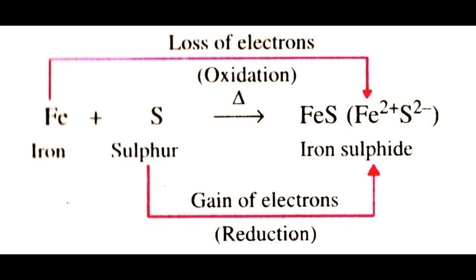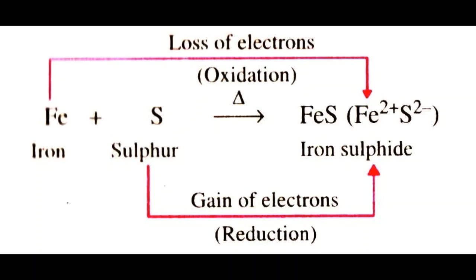Look at it. Here, iron and sulfur reacting in presence of heat energy is given. That is not the point. Iron and sulfur react to form iron sulfide, in which iron has formed a 2 plus ion, a cation, and sulfur, being a non-metal, formed a 2 minus anion. So iron, being a metal, has lost electrons to form a cation.